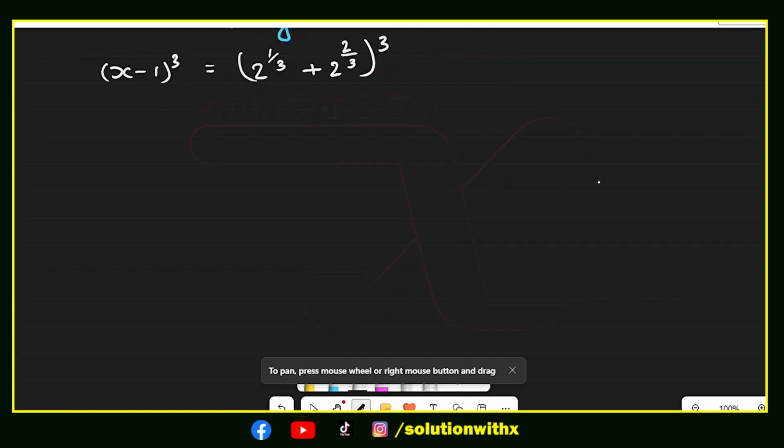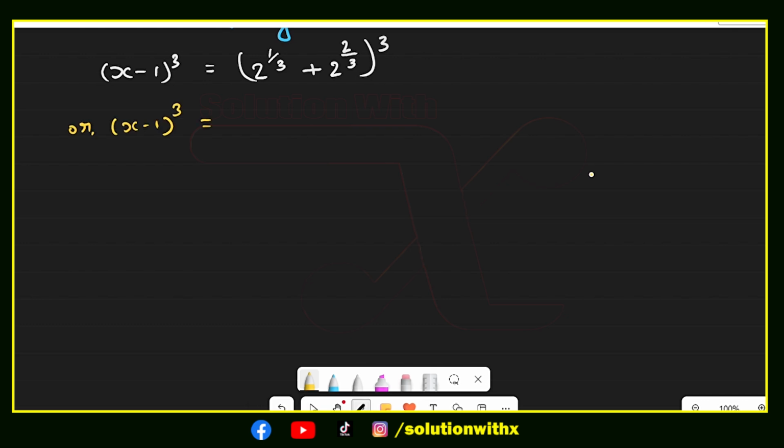Let me go down and let me change the color. (x minus 1) whole cube equals to, well, here (2 power 1 by 3 plus 2 power 2 by 3) whole cube is given. So for this we'll use the formula (a plus b) whole cube, which is a cube plus 3ab times (a plus b) plus b cube.